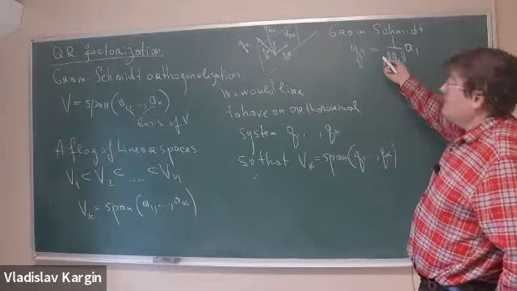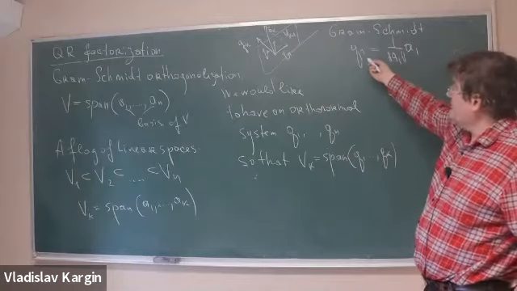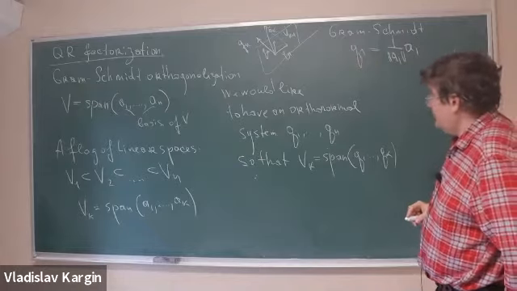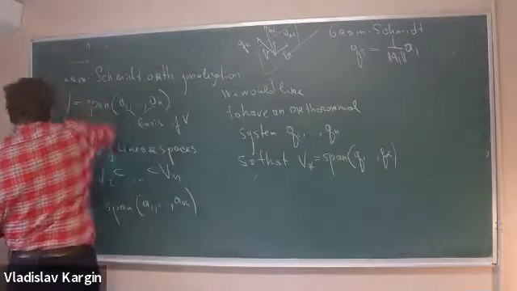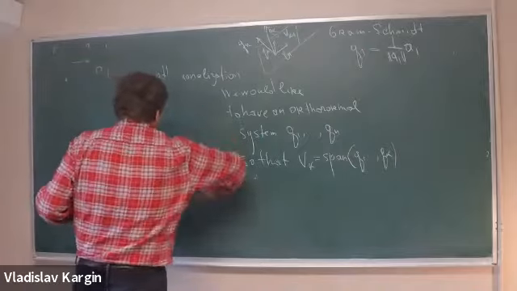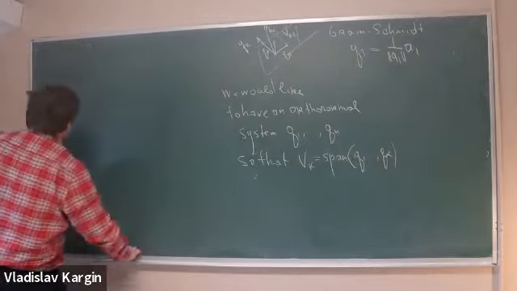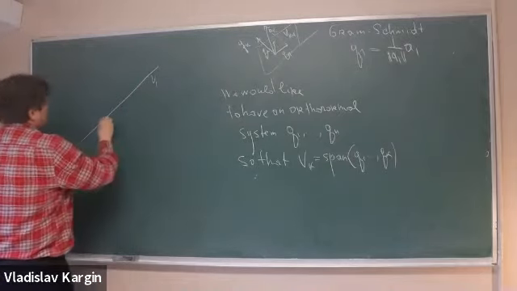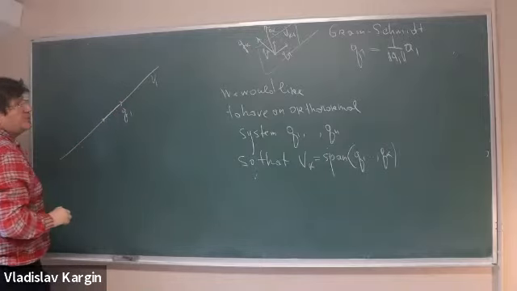So for example, let us do the second step. You have V1, and some vector Q1 here, which is already computed.